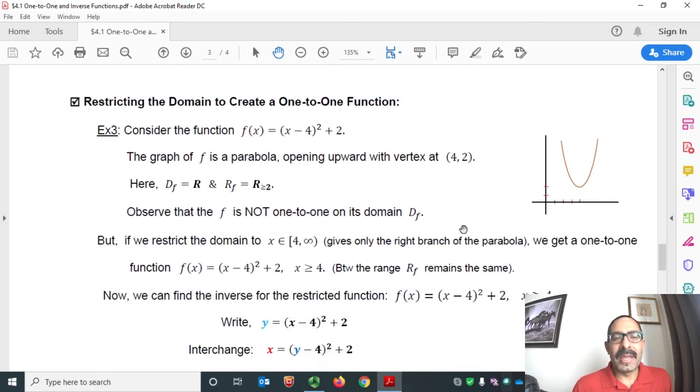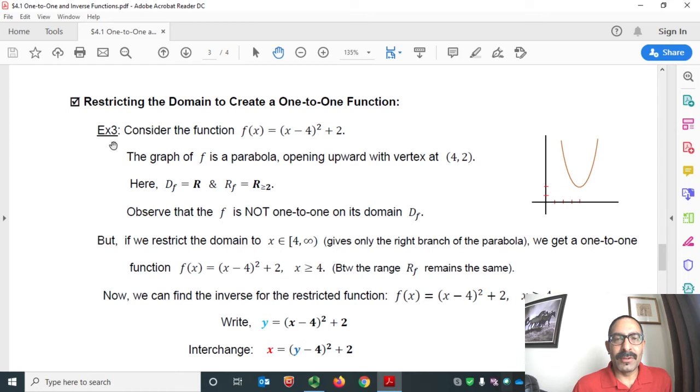Restricting the domain to create a one-to-one function. I think I introduced this idea earlier very briefly. That means if a function is not one-to-one, then we can restrict our domain and make it one-to-one. Now let's explain with an example.